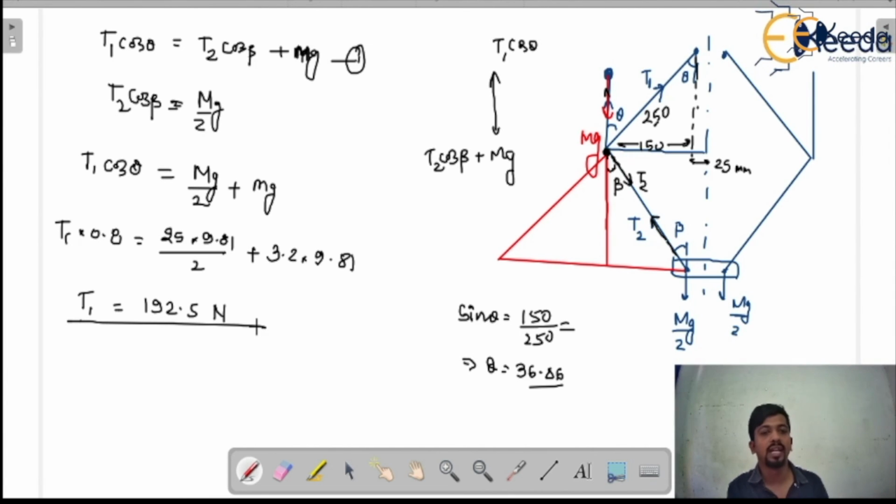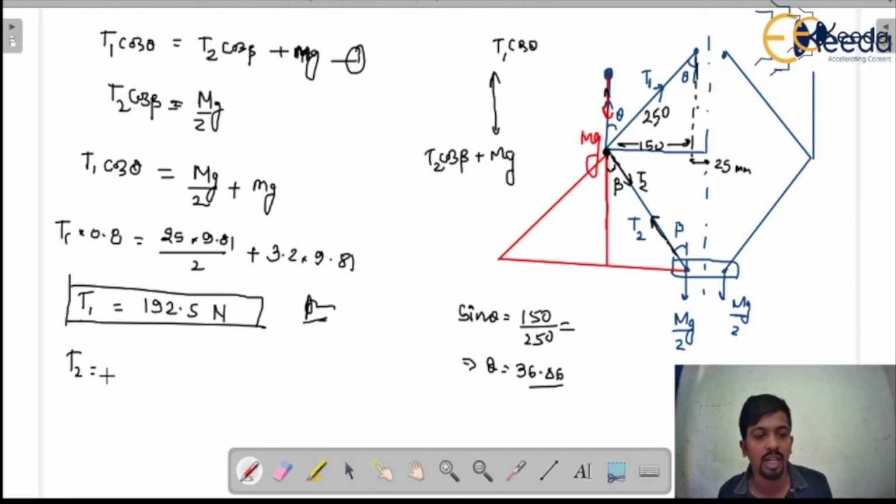You can also calculate by putting the T1 value in this equation and you will get the value of T2. You just have to calculate the beta angle. Similarly, we all know that theta is equal to beta, so from here you can calculate the tension T2 also. So I'm just calculating here the tension T2, that means the tension in the lower arms. However, in the question it is asking to find out the tension in the upper arms, so this is the answer. I'm just calculating T2 also.